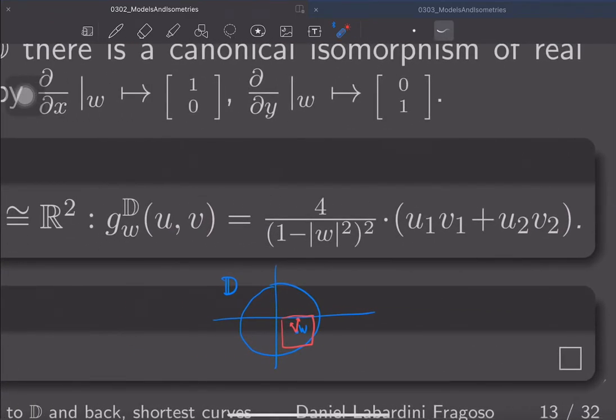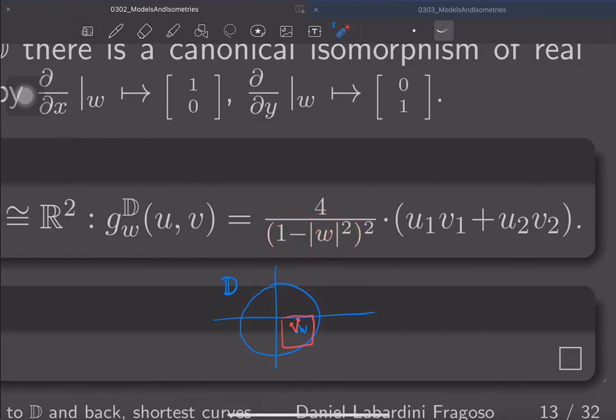So it tells me the inner product of two tangent vectors here is in a way almost the usual Euclidean inner product between the two vectors, but somehow rescaled, and the rescaling takes into account how far W is from the unit circle.